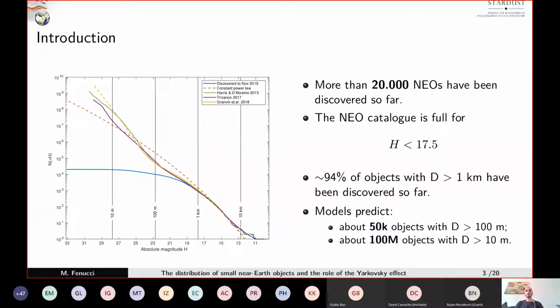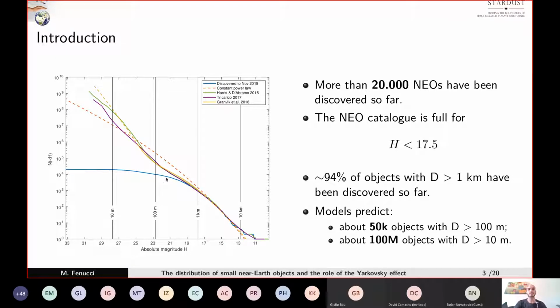On the other hand, models predict about 50,000 objects with diameter larger than 100 meters that still pose a threat to activities on Earth. They also predict about 100 million objects with diameter larger than 10 meters.